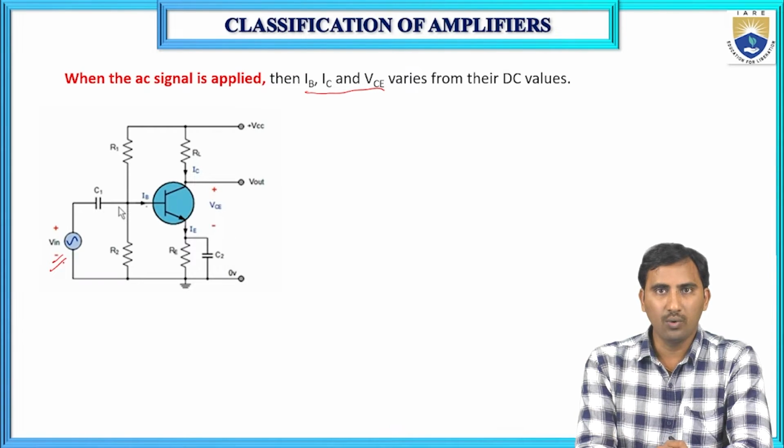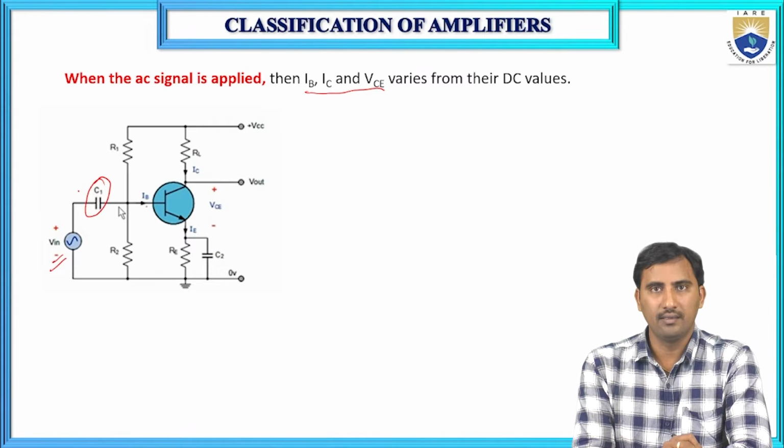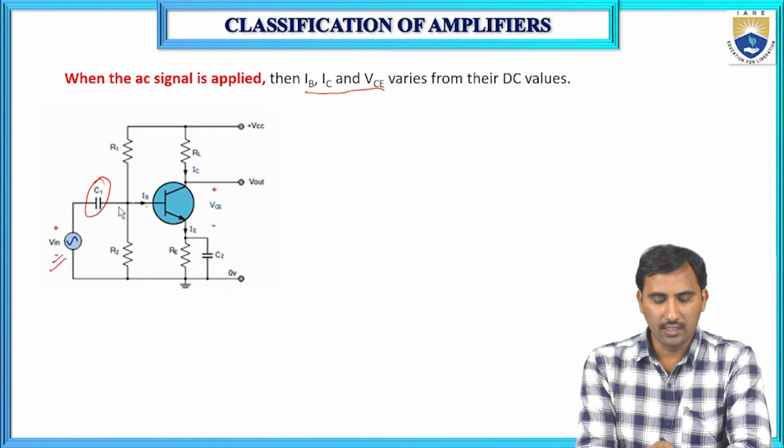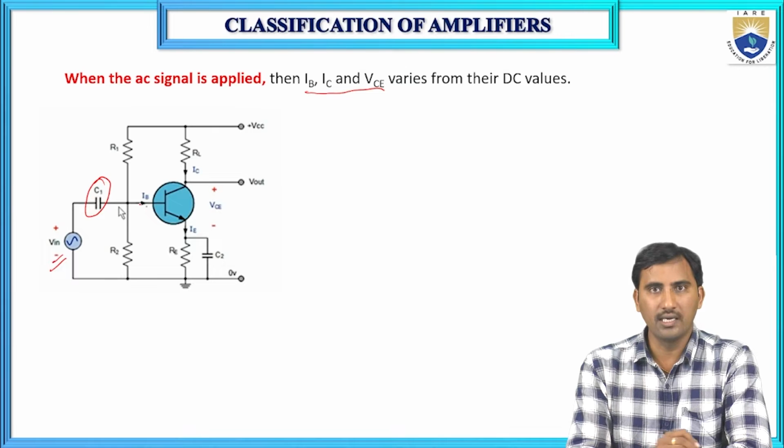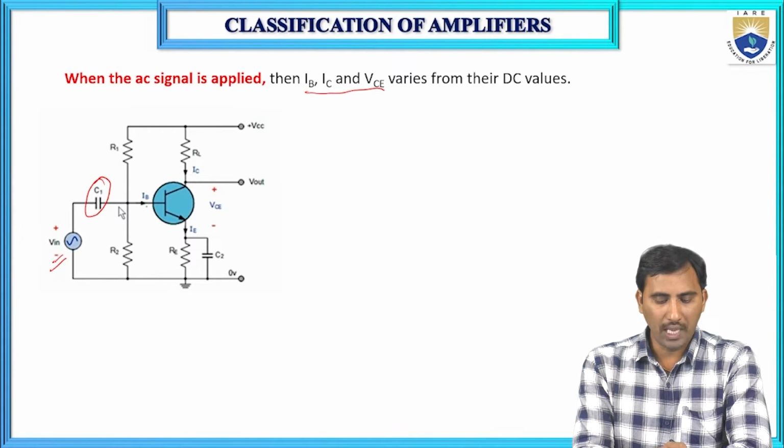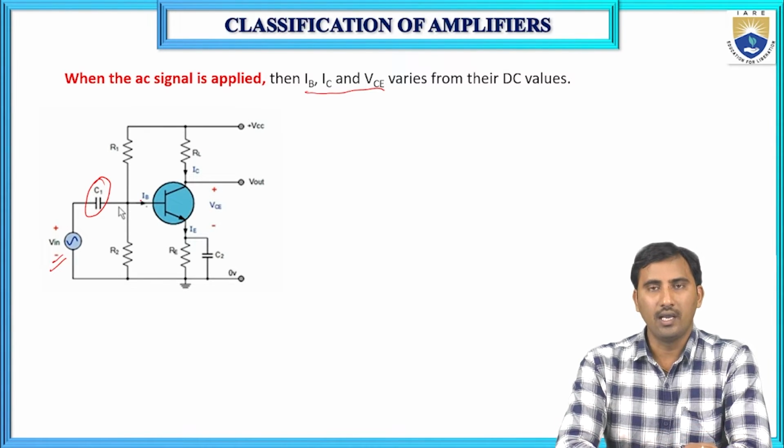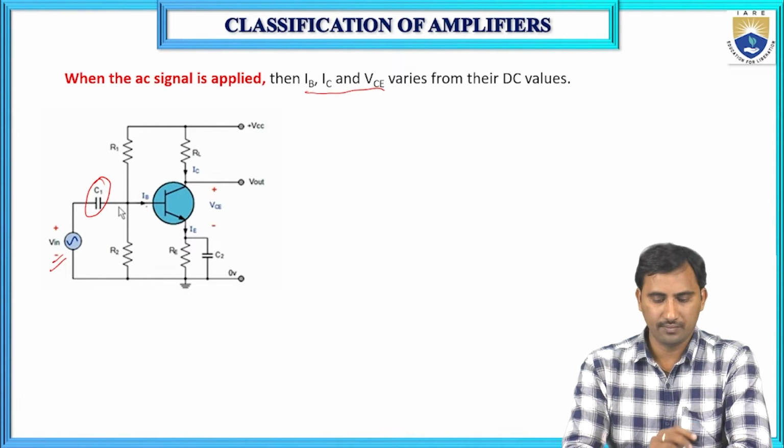This DC value will be blocked by the input capacitor C. Because of blocking the DC, the operating point of the transistor stabilizes. When you apply this AC signal, the input base current starts varying with respect to its DC value, IBQ.